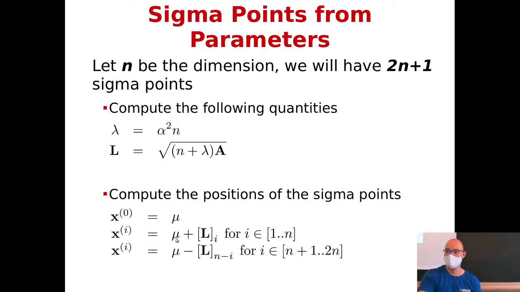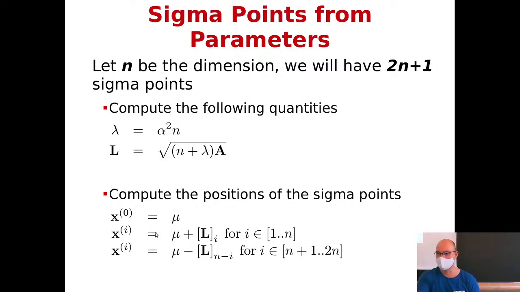And then for each column of the Cholesky decomposition of this triangular matrix, you draw two sigma points, one positive and one, let's say, negative, by simply taking the mean and summing to the mean the vector of L which corresponds to the ith component.